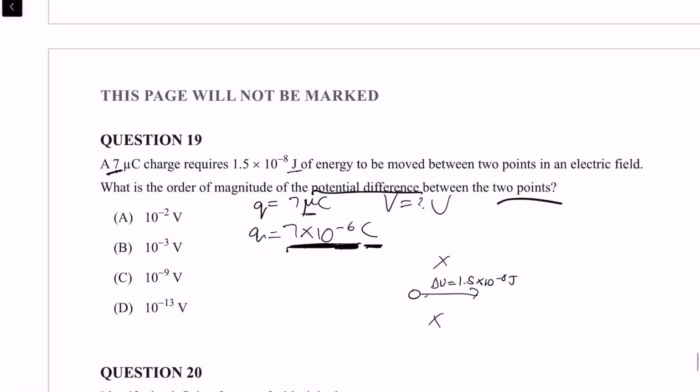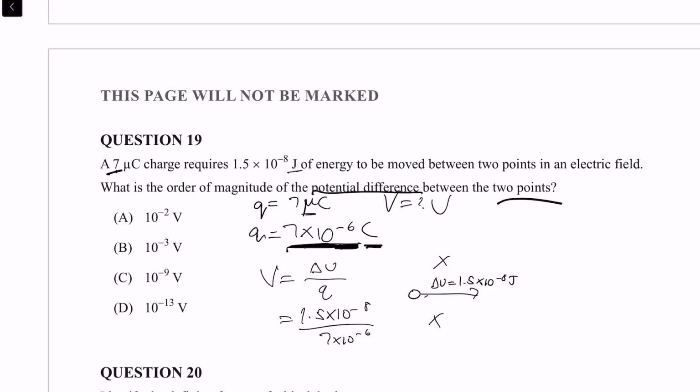Now my formula is really just V equals delta U, or change in energy, over Q. Everything's in SI units, so I just do 1.5 times 10 to negative 8 over 7 times 10 to negative 6. I can see it's leaning towards an answer of D. So I'll put that in my calculator to check.